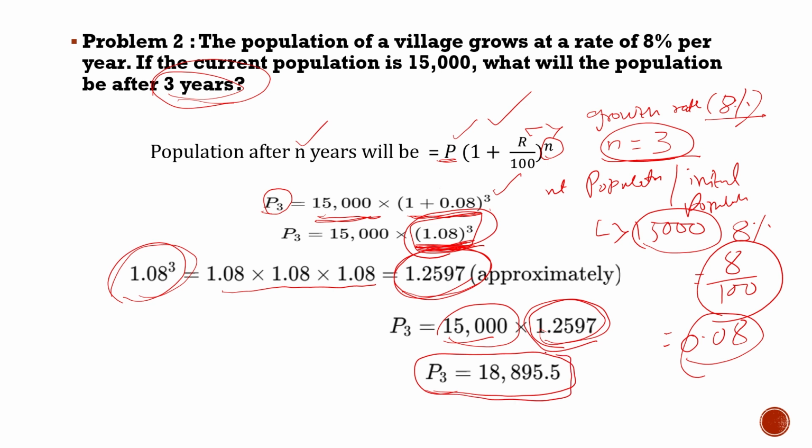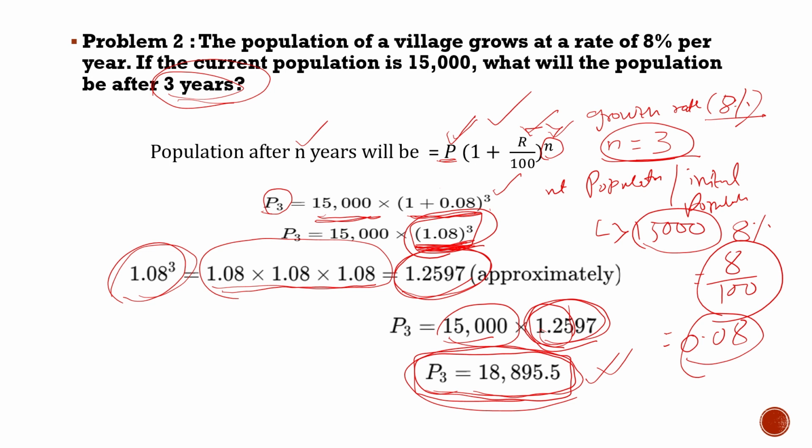Approximately, if you multiply 15,000 into 1.25, you can take till the second decimal point, and you will get the value of the final population. So first you have to identify in this problem what the value of P is, what the value of R is, and what the value of n is. Once you identify it, you just substitute all these values and do a bit of multiplication, and then you will finally reach this value.